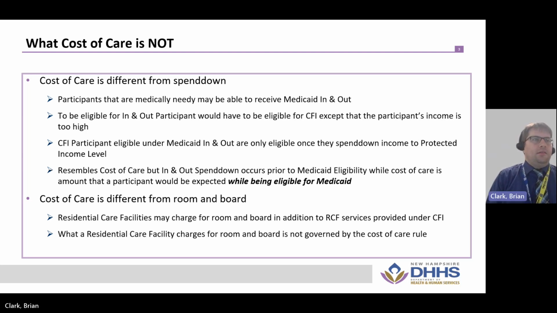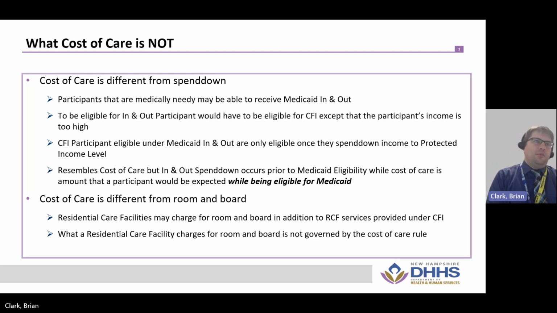This participant that would then be eligible under Medicaid in and out is only eligible once they spend down their income to a protected income level. So they have to spend a little bit before they're even eligible.